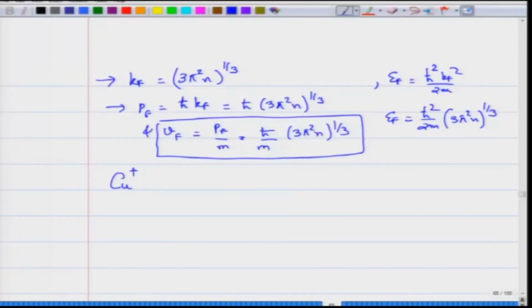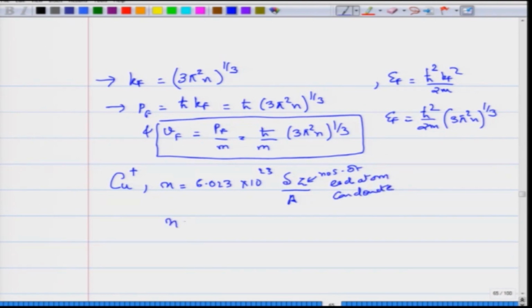For a metal like copper, we know that you can calculate the density as Avogadro's number times the density, times Z divided by A. Here A is the atomic mass, the density is the mass density, and Z is the number of electrons each atom can donate.